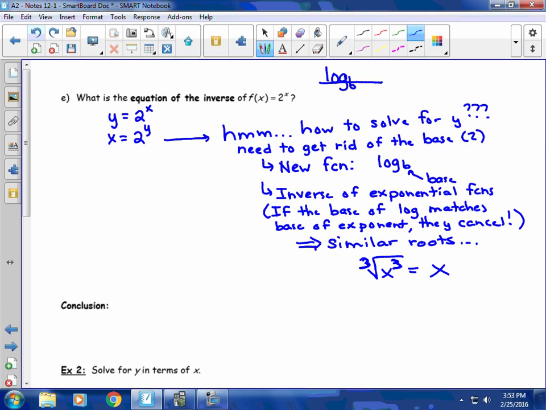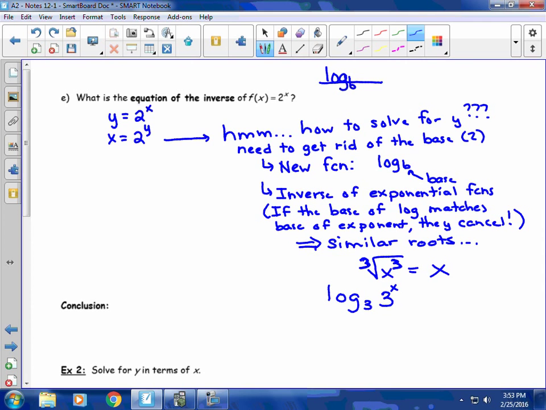Okay, well, the same idea would happen if I had 3 raised to the x power. Now I don't want to get rid of the exponent anymore, I want to get rid of the 3 that's a base. So what gets rid of the base? Well, that's what we're talking about now. I would have to take the log of both sides. But it's not just a log, it's a log base 3.